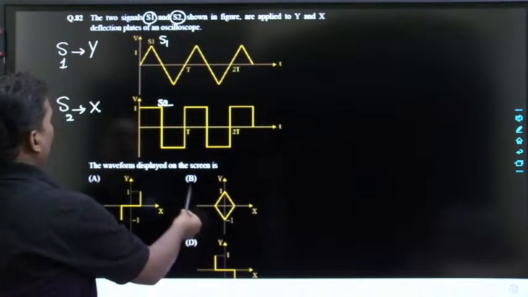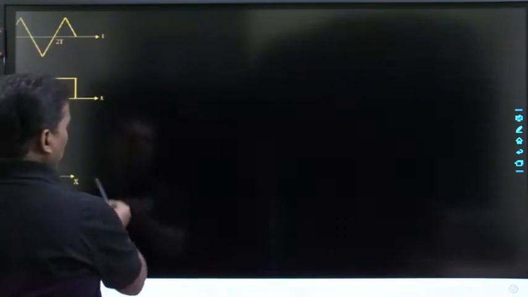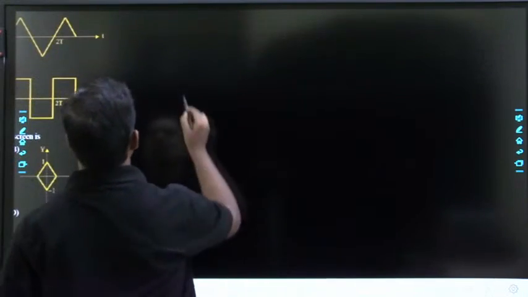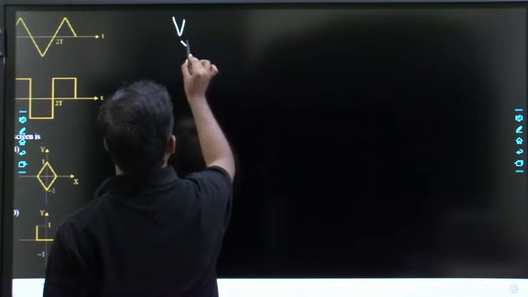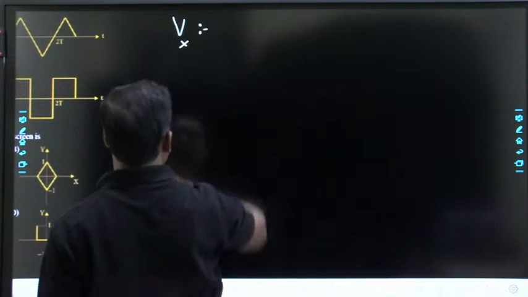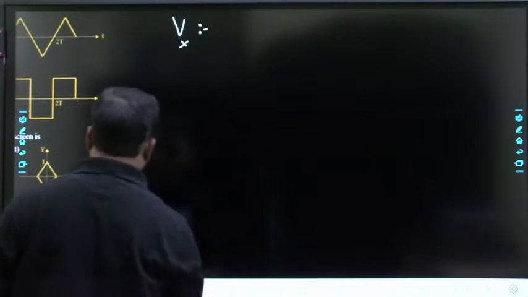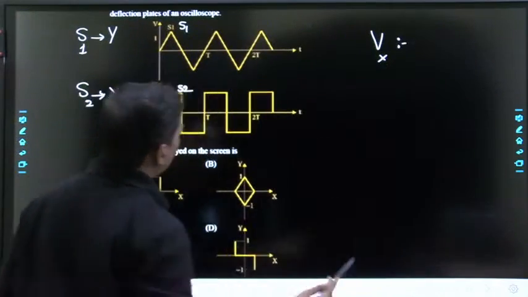So let us do it like this. First for X, let us take Vx, the voltage applied to the X plates. Is the voltage signal applied to the horizontal plates S1 or S2? Please tell me first.